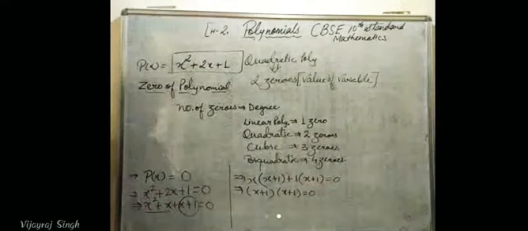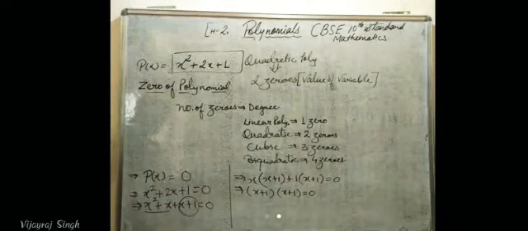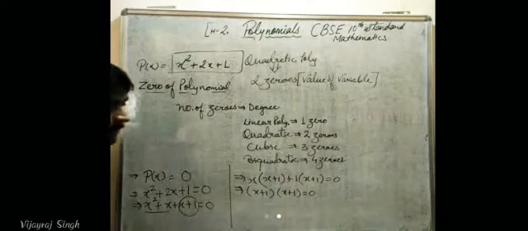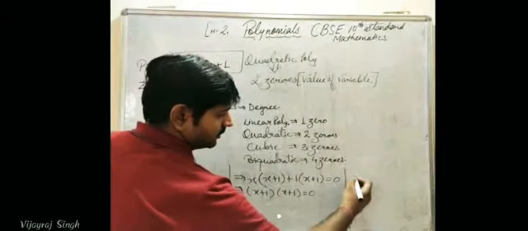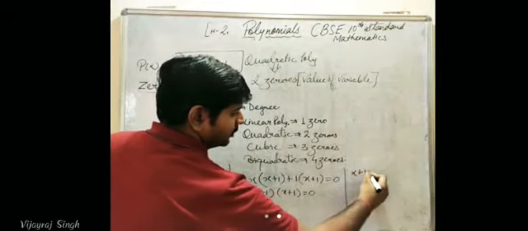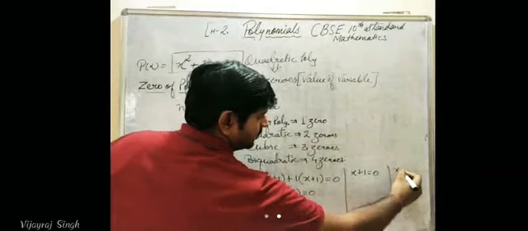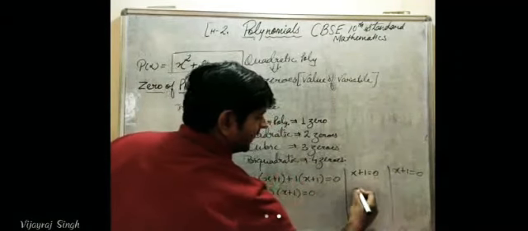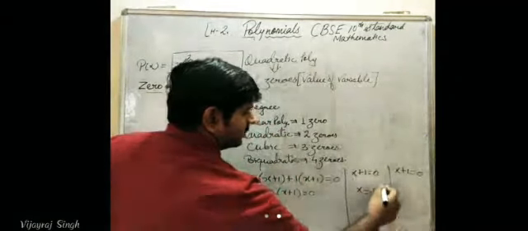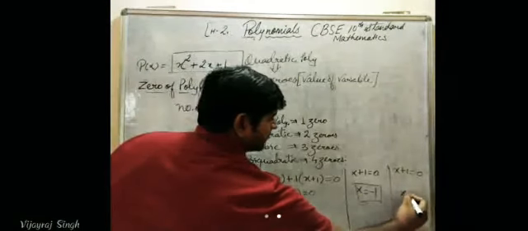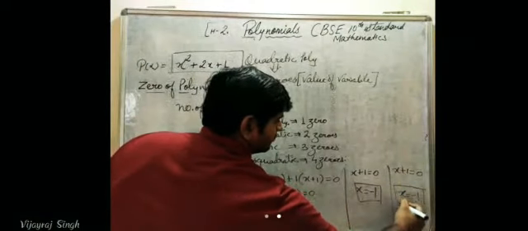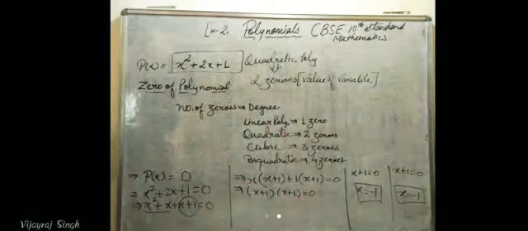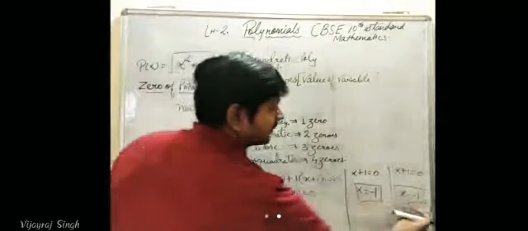If we want to find out zeros of the polynomial, then separately both the brackets will be equal to 0, and we will get x equals to minus 1 on both sides. So these are the zeros of the polynomial.